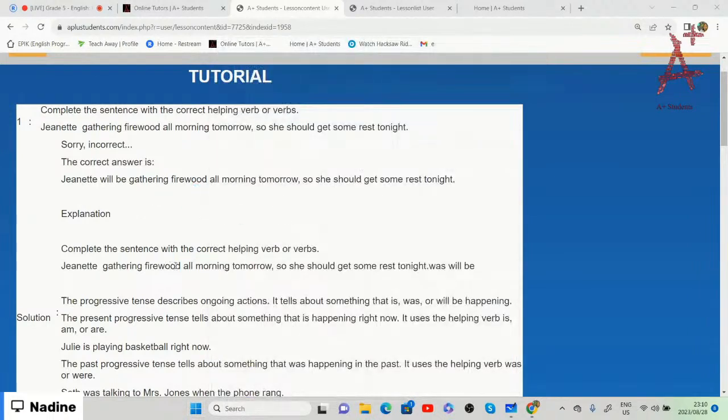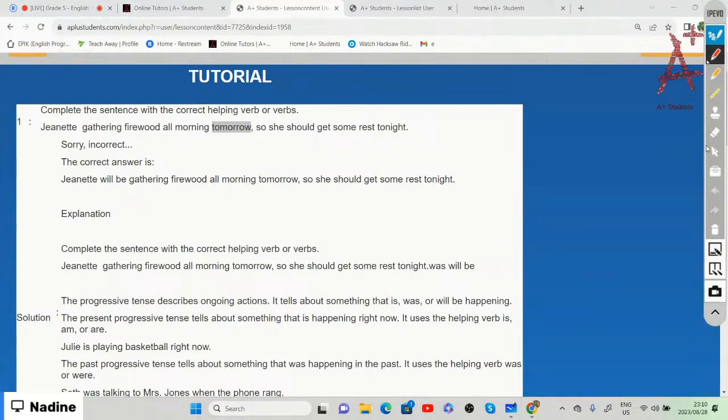All right. So now, especially if we look at the wording tomorrow, all morning tomorrow, the word tomorrow already gives us the indication that it will probably be in the future tense.